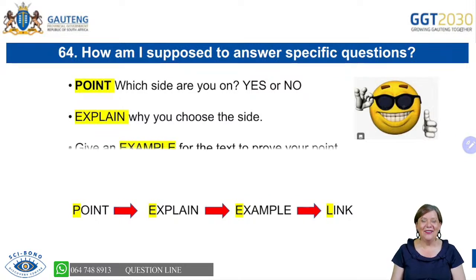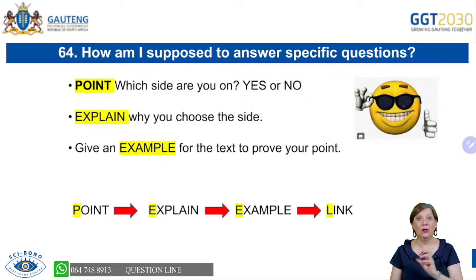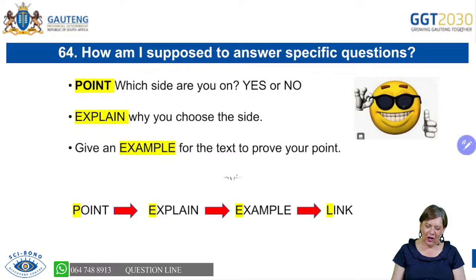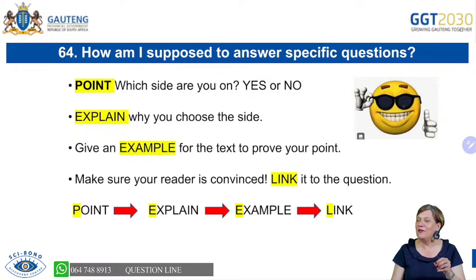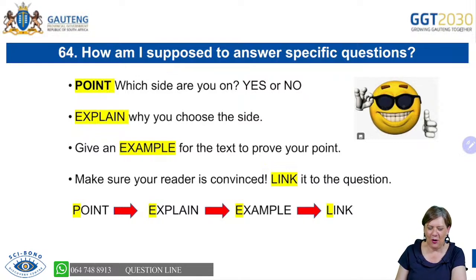And then you need to give an example from the text to prove your point. And lastly, you have to make sure I understand. So just link it back to your question. Point, explain, example, and link.